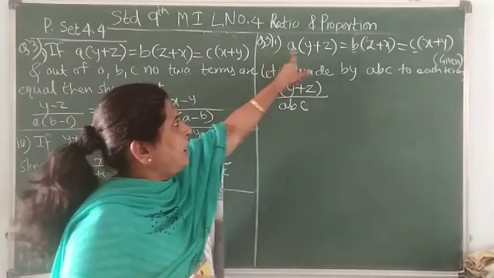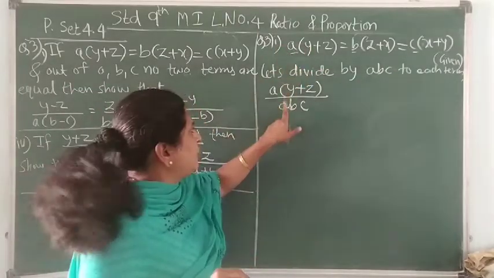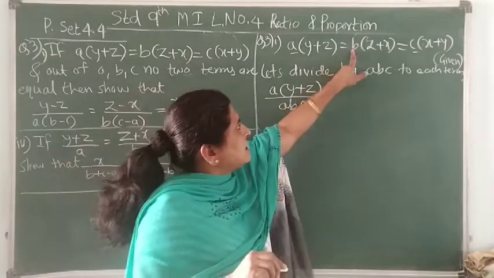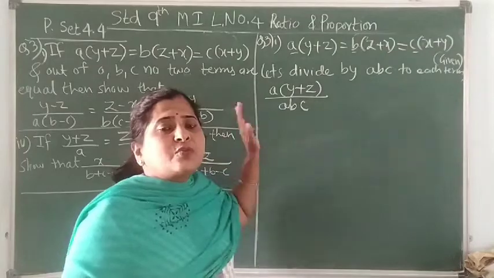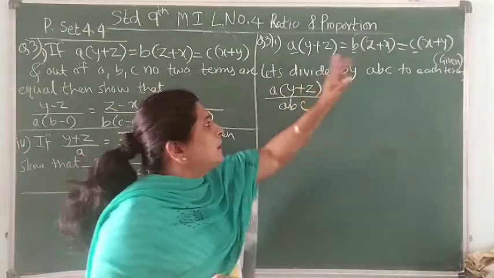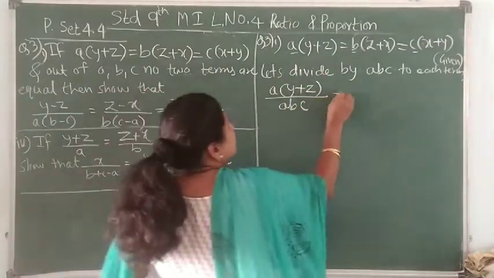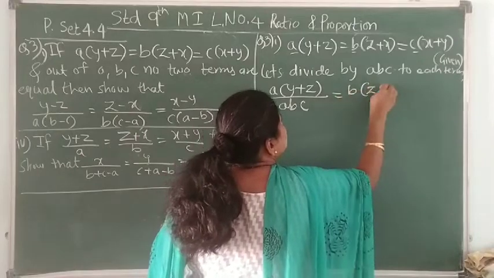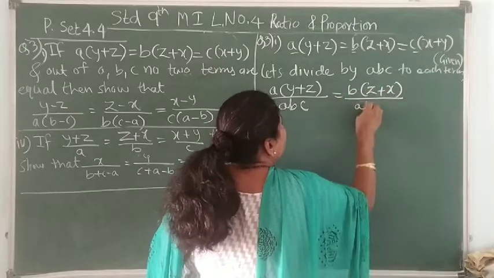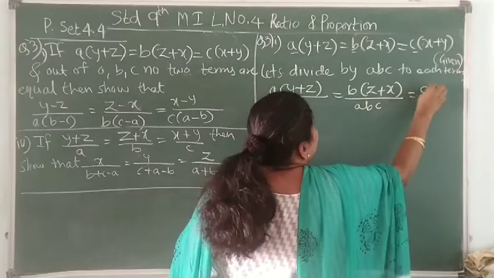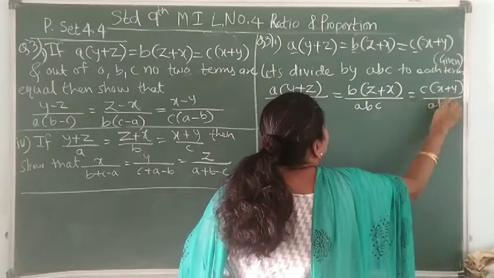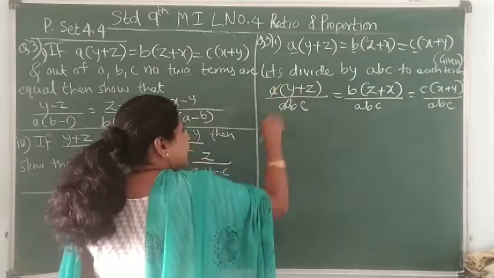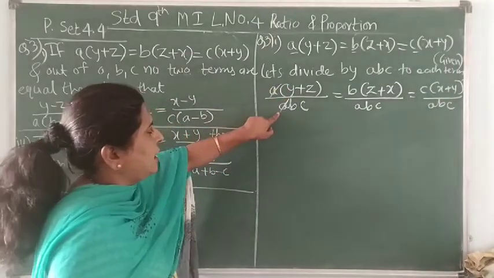Because here we have A. To cancel this A, we divide by A. To cancel this B, we divide by B. And to cancel this C, we divide by C. That's why we divide each term by ABC. So A(y + z)/ABC = B(z + x)/ABC = C(x + y)/ABC.